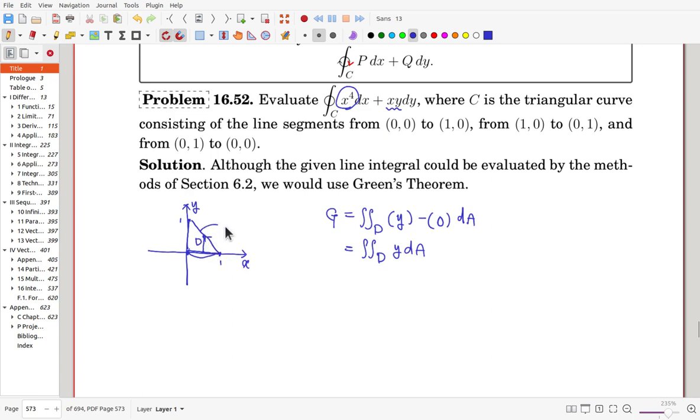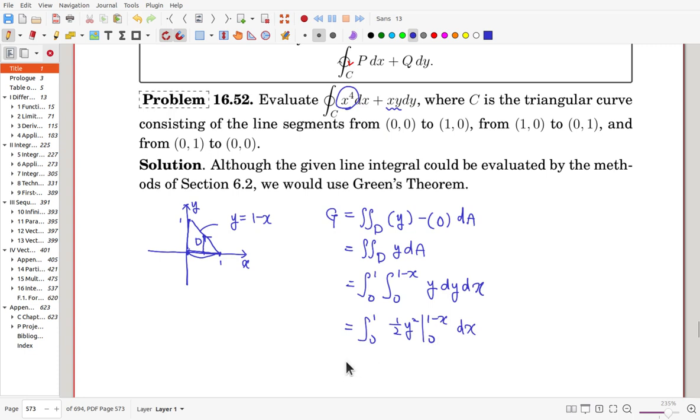This is the same as y equals 1 minus x. So x is moving from 0 to 1, and y is moving from 0 to the top y, which is 1 minus x. The integrand is y, dy dx. From 0 to 1, that is half y squared, with y moving from 0 to 1 minus x, dx.